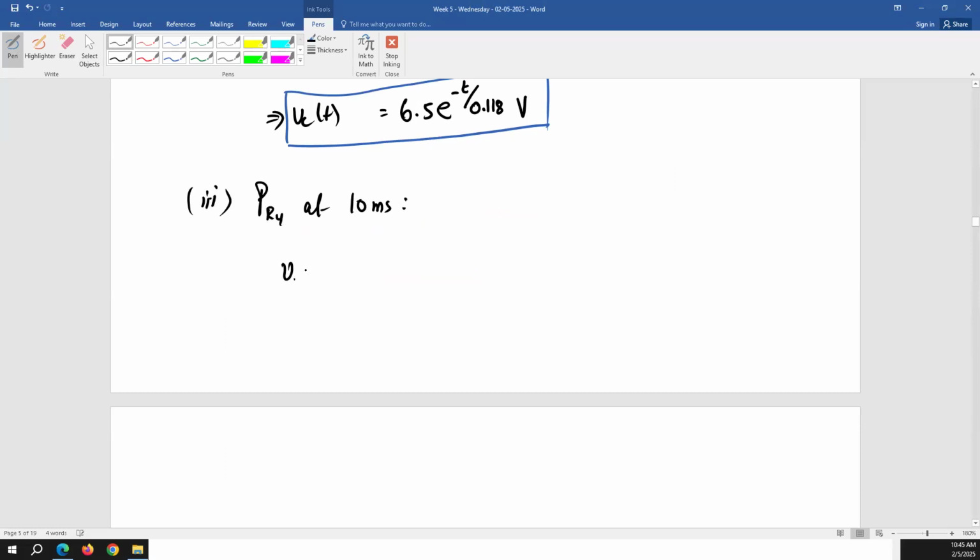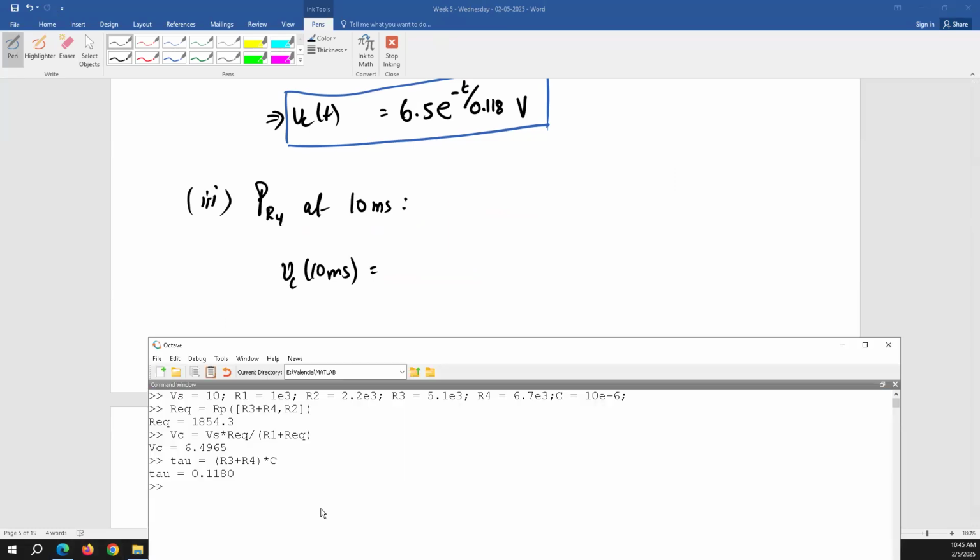So let's say VC at 10 millisecond. VC at 10 millisecond is going to be 6.5 VC times exponent of negative 10 millisecond over tau, exponent negative 3.